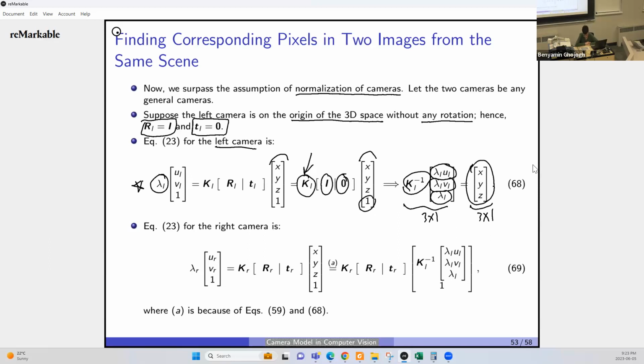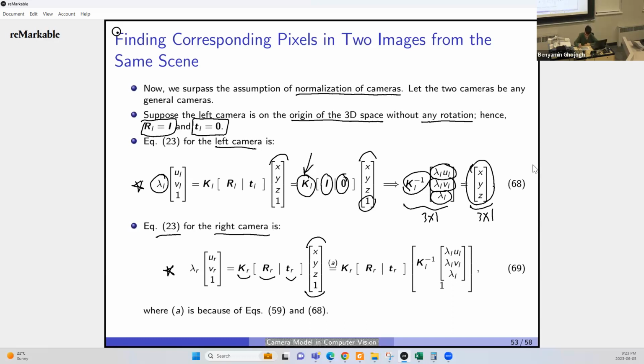Okay. Now we write it for the right camera as before. Lambda R UR VR 1 equals KR RR TR XYZ1. Again, it's the same 3D object. I don't use subscript R for XYZ. Okay.